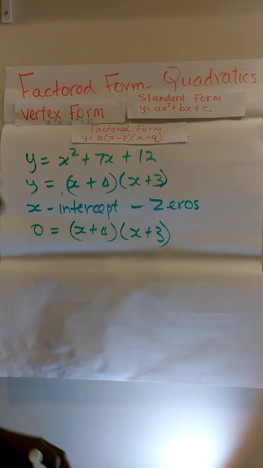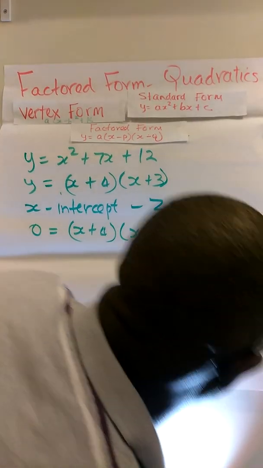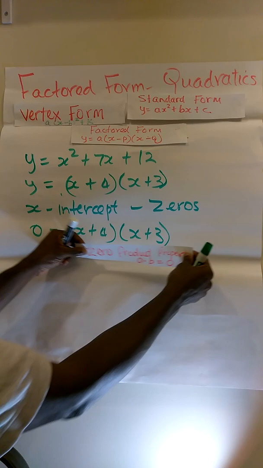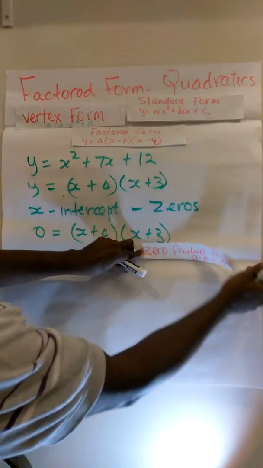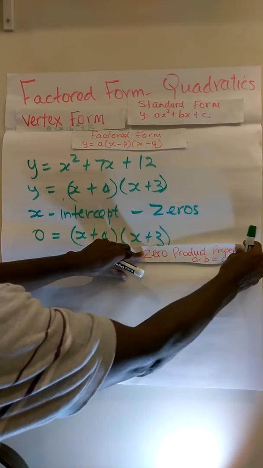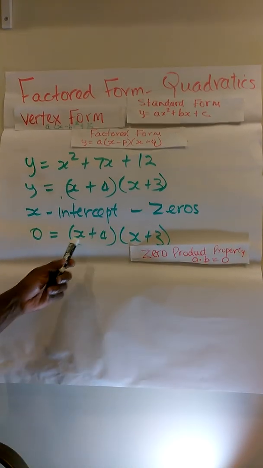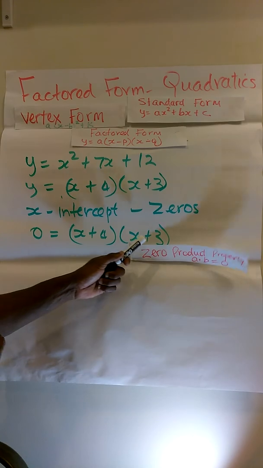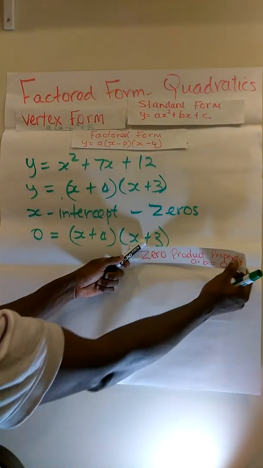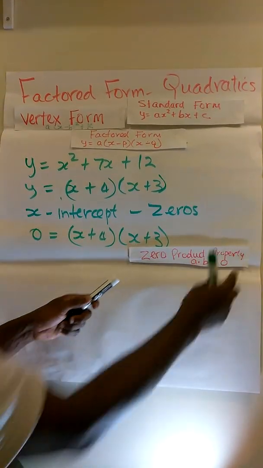Now if I use the zero product property, remember what the zero product property says. You're multiplying two things, a times b, and your answer is 0. So either a has a value of 0, or b equals 0, or both a and b equal 0.